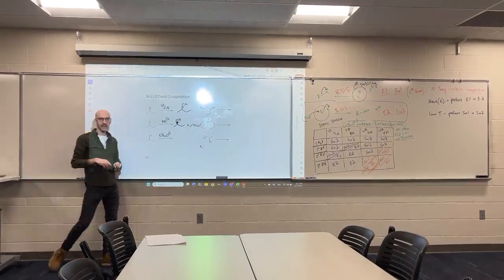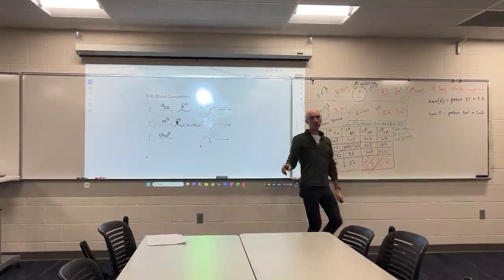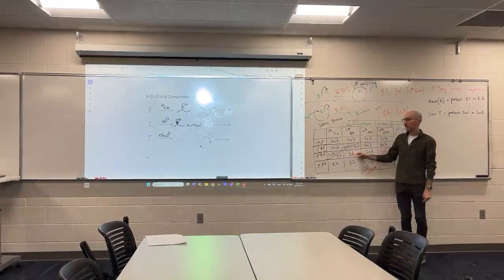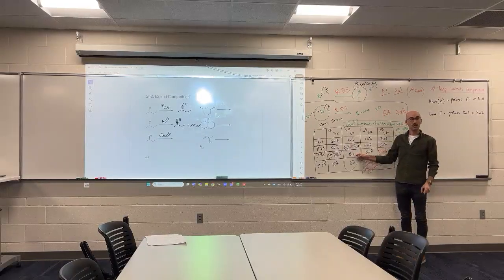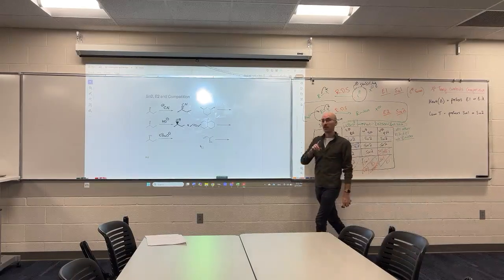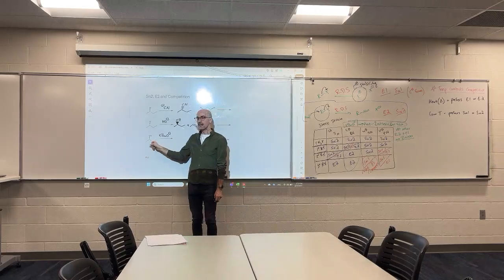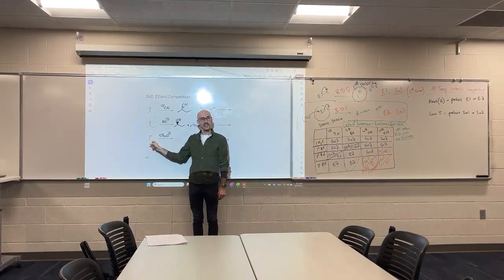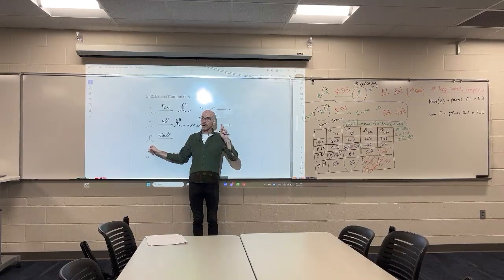Tert-butoxide, bad nucleophile, too much steric strain at my secondary carbon, so it wants to do E2. So much steric strain that tert-butoxide does not prefer to go to the more substituted carbon and take a hydrogen. Tert-butoxide goes to wherever the steric strain is less.